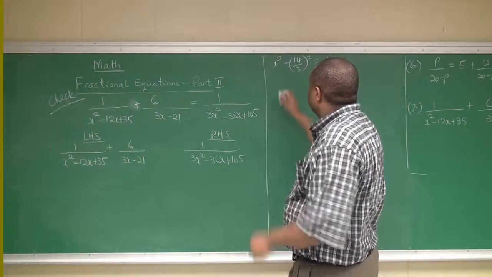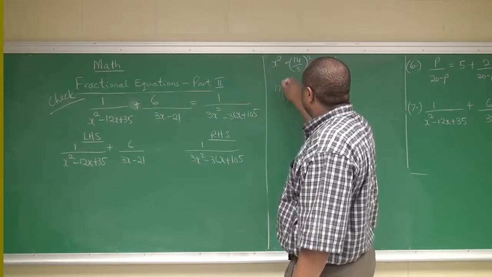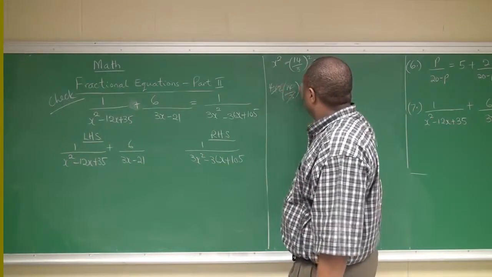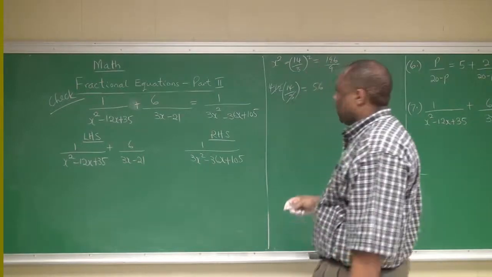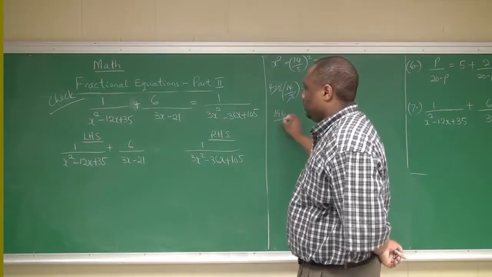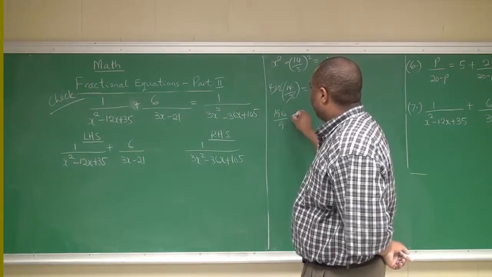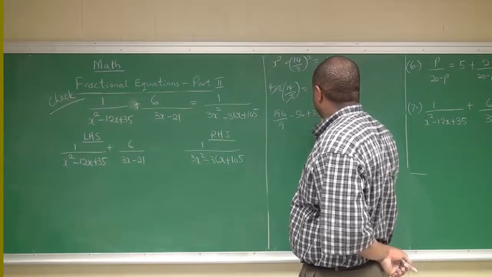Then 12 times 14 over 3. 3 into 12 is 4. 4 times 14 is 56. Okay, so we have 196 over 9 minus 56 plus 35.